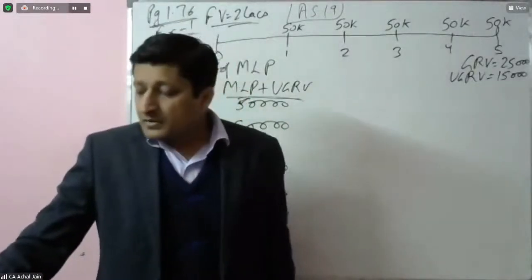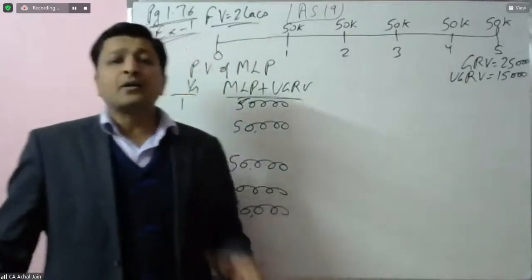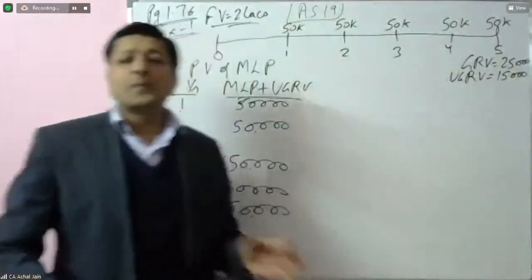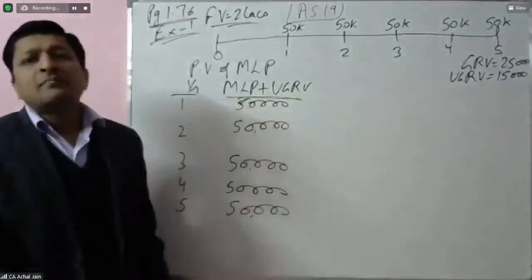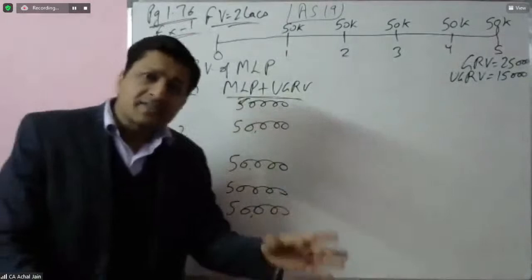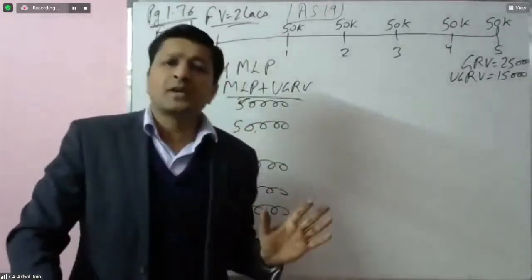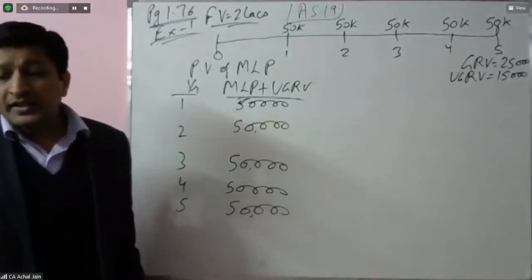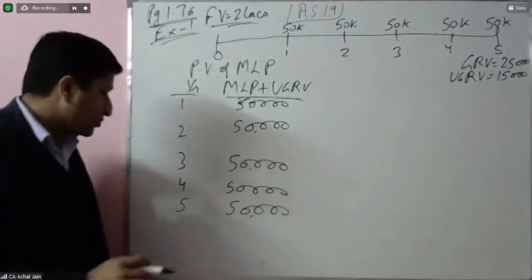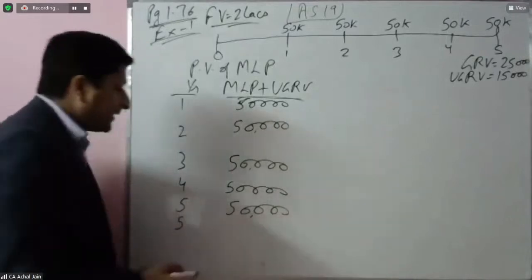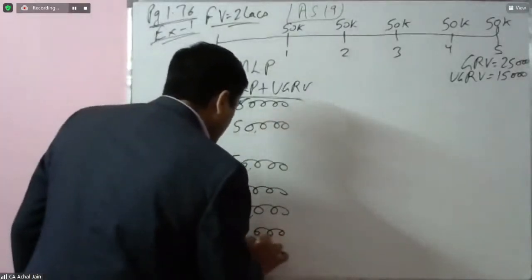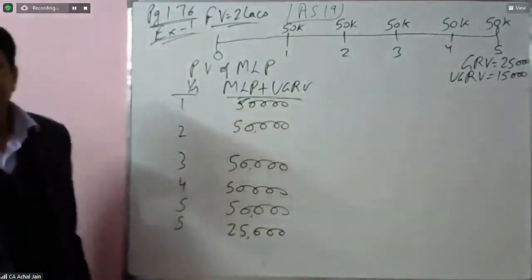If you remember, GRV will always form part of MLP. Guaranteed residual value will always form part of MLP, whether it is lessee or lessor. In both cases, it's a part of MLP. So that means we need to consider GRV for sure. So in the 5th year, either you can add it to this 50,000 or you can consider it separately. So I have considered it separately.